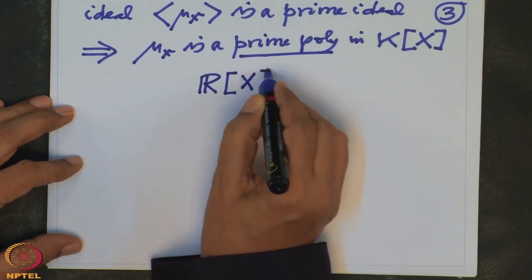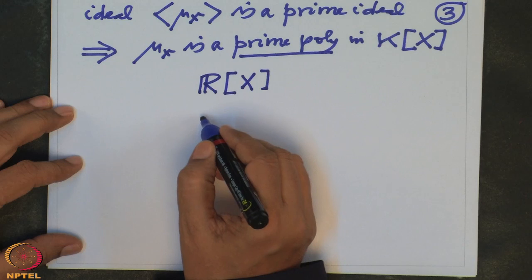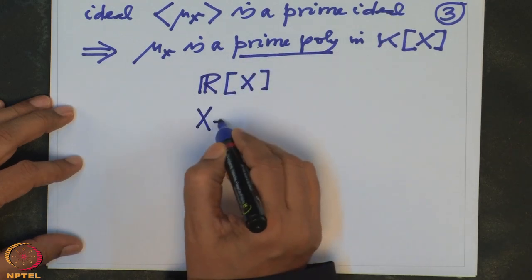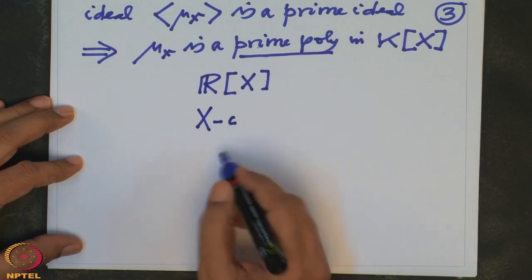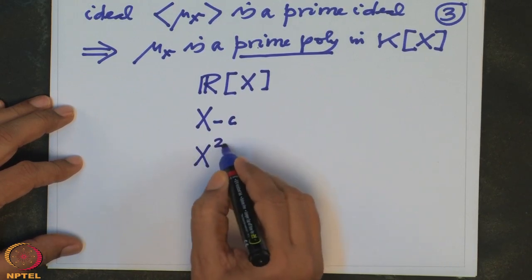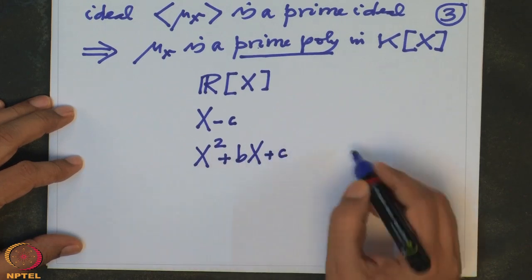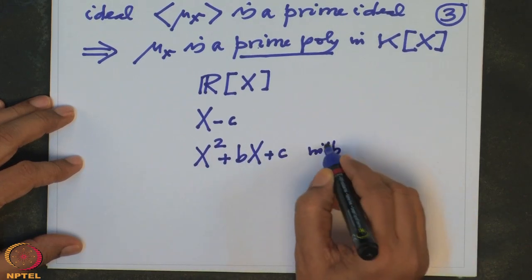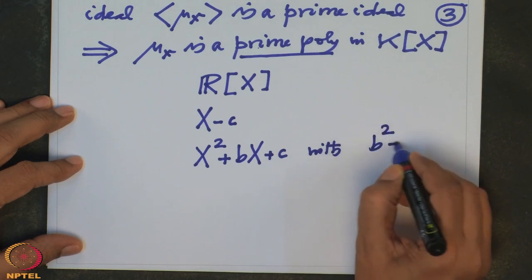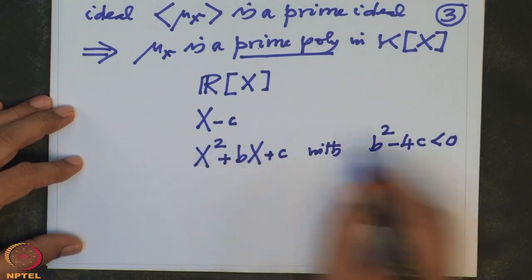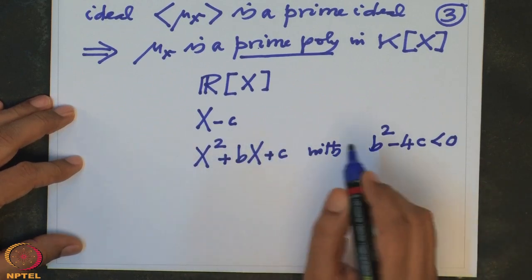If K were R, the prime polynomial examples, monic, I am writing monic: one is x minus c, these are linear ones, and the other one is x square plus bx plus c with the discriminant, that is b squared minus 4c, negative. These are precisely the prime polynomials over R[x].